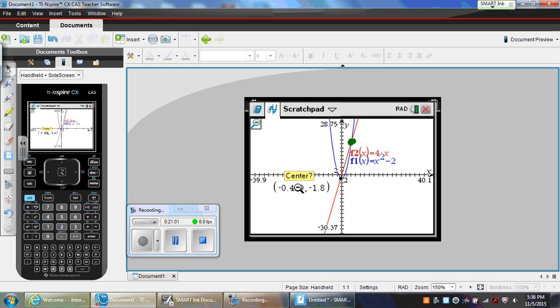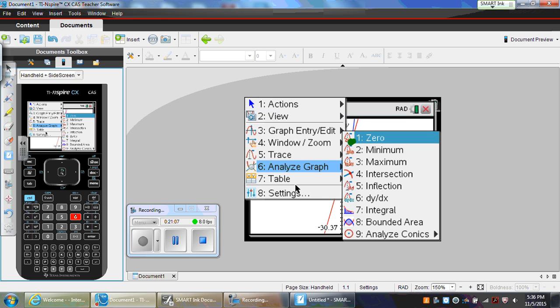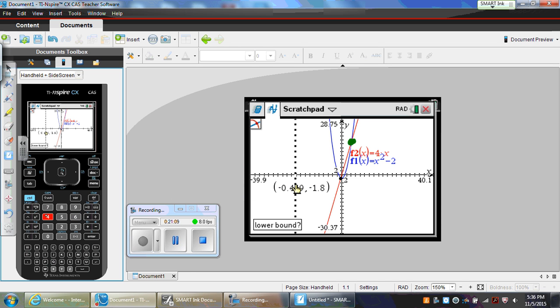If there's something on your way, you could just drag it across so you can move it. So now I'm going to try to get that other point of intersection. So I'm going to go to Menu, Analyze Graph, Intersection. Now for my lower bound, I want it to be on the left side of that point that I have marked in green. Press the center button and then the word switches to upper bound.